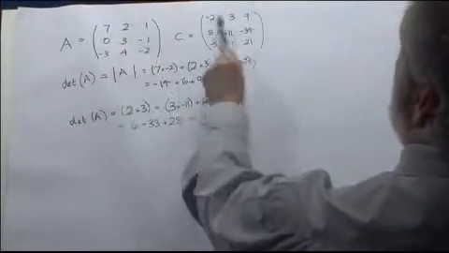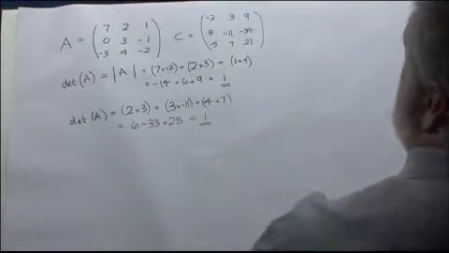And we'll always get the same value whichever row or column that we choose to use. It doesn't matter, it's completely our choice. So what this means is that if we're working out the determinant of a matrix, we actually don't need to work out all 9 cofactors. You see, when we used the first row, we only needed these 3 cofactors.